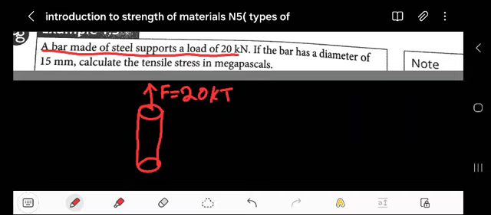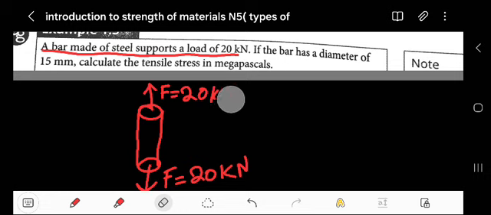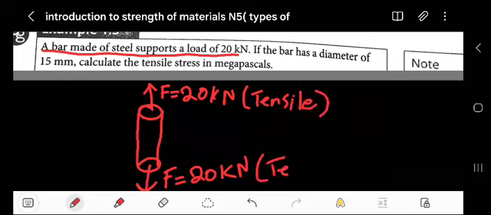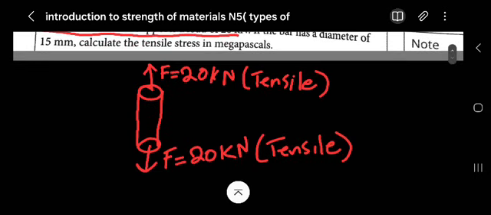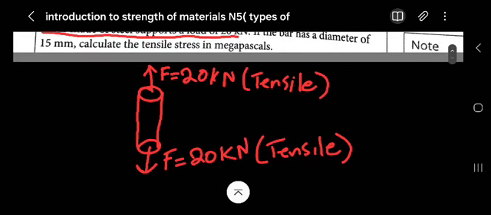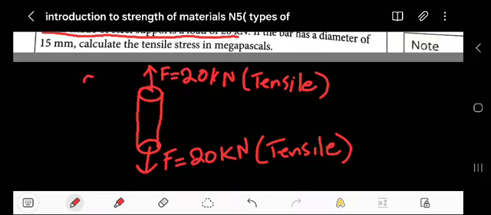It will also experience another 20 kilonewton. Remember, this is a tensile force of 20 kilonewton, not T. As you can see, this is tensile and this is tensile. And then remember, as you're applying this, it will change.